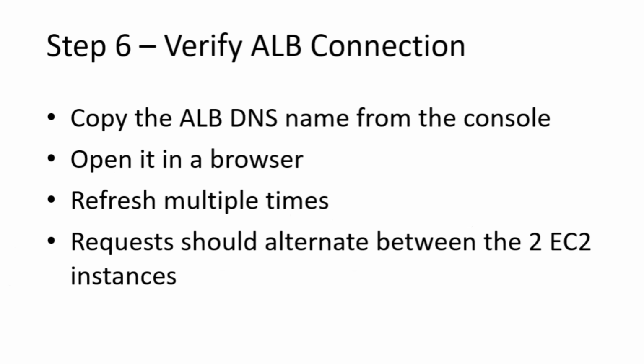With the application load balancer created and linked to our target group, the final step is to verify that it's working as expected. In the console, copy the DNS name of the load balancer. Open it in a browser, and you should see the web page served by one of the EC2 instances.